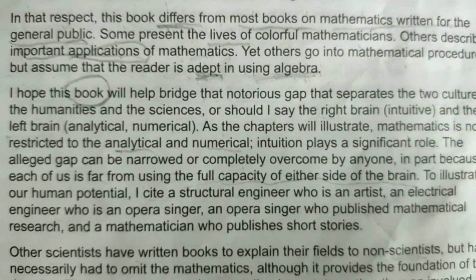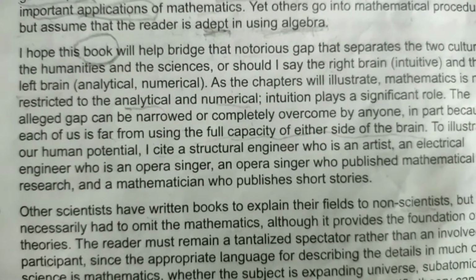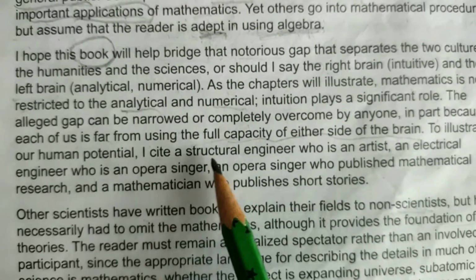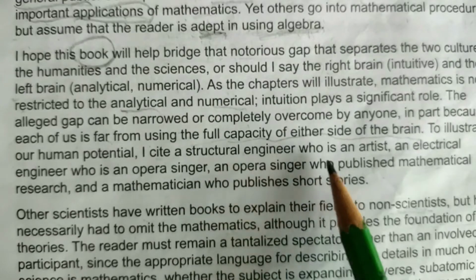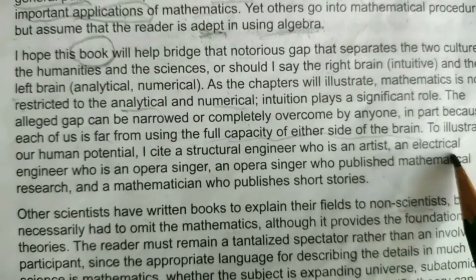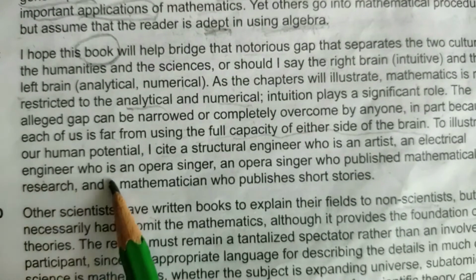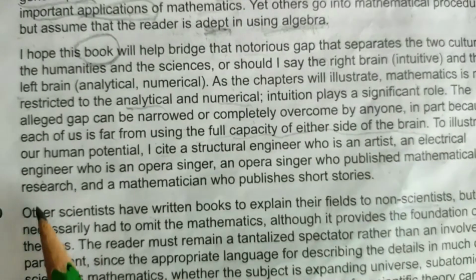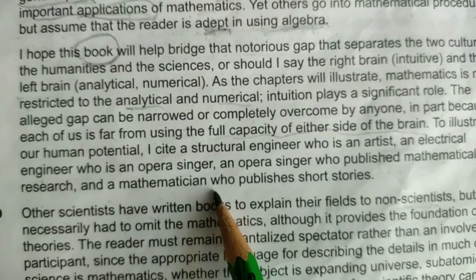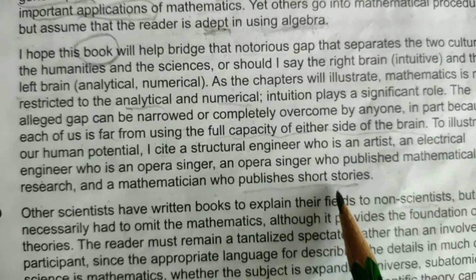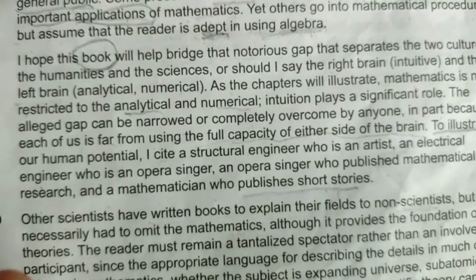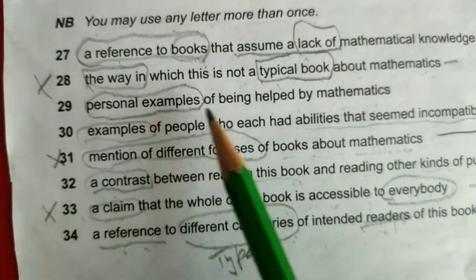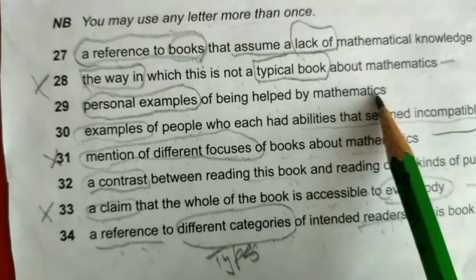To illustrate our human potential, I cite a structural engineer who is an artist, an electrical engineer who is an opera singer who published mathematical research, and a mathematician who publishes short stories. Yes, we got the word to illustrate. For example, personal examples of being helped by mathematics.